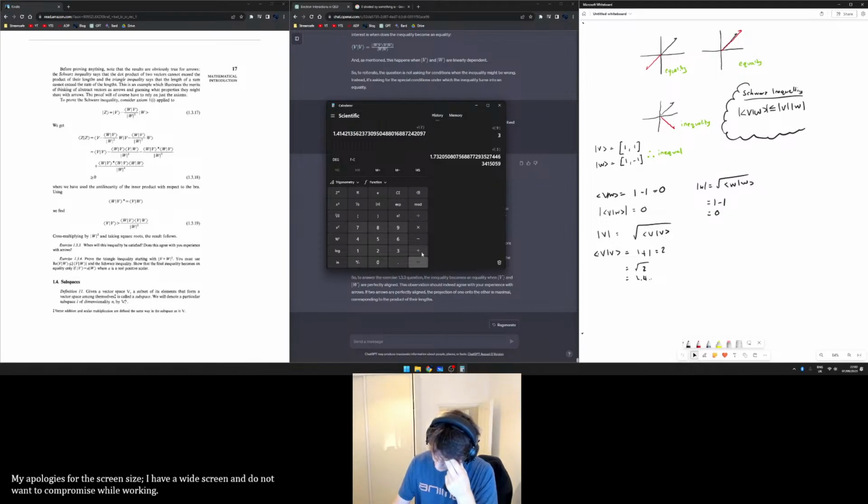Square root of 0 equals 0, and then we're multiplying them together. So, oh, now hang on a second. Now hang on a second. It's saying that it's less than or equal to, but this is saying that this should now be unequal.